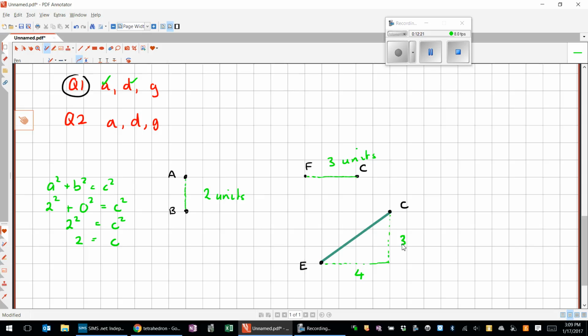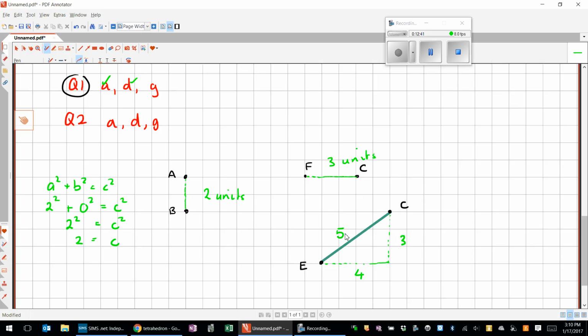Now, did anyone go, yeah, straight away answer without working anything out? Do you remember your Pythagorean triples?